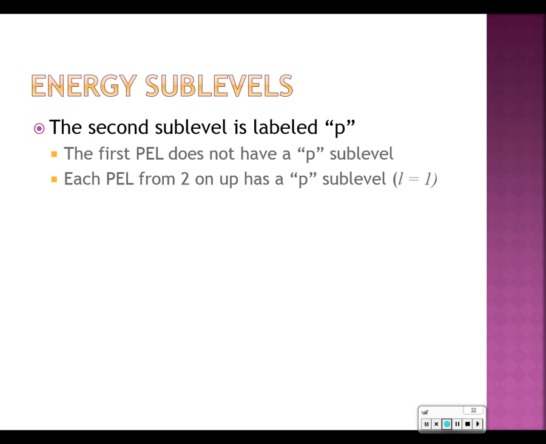It's too small. But each principal energy level from 2 on up, red, then blue, then green, they all have a P sublevel. We assign a value of L equals 1 to the P sublevel, regardless of which principal energy level it's in.